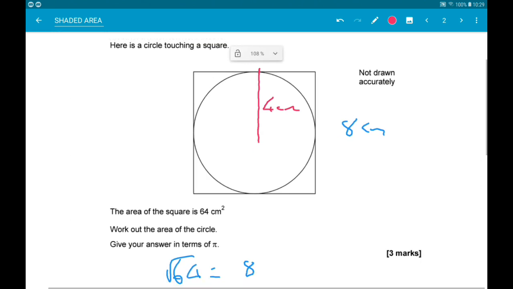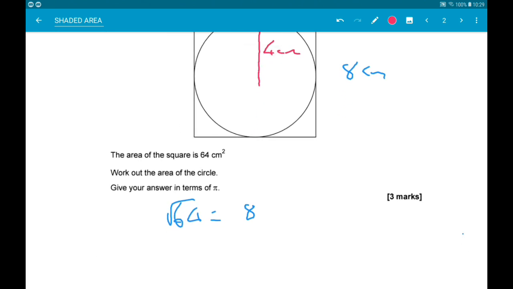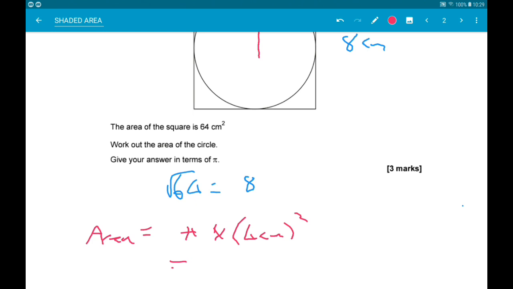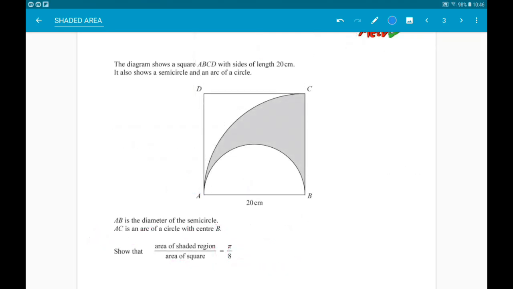So then the area of the circle is pi times 4 centimeters squared. Now that is going to give us 16 pi centimeters squared.